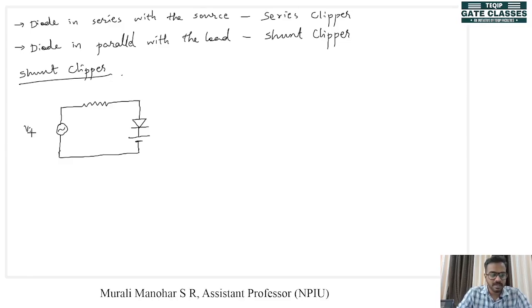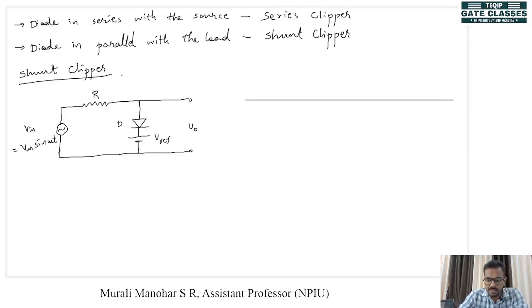So this is our Vin, which is Vm sin omega t, the sine wave, and the peak is Vm. There is a resistance R, this is our diode D, and this is our Vref, a reference voltage. And here we have our output, this is our Vout. Now let's see how it works.